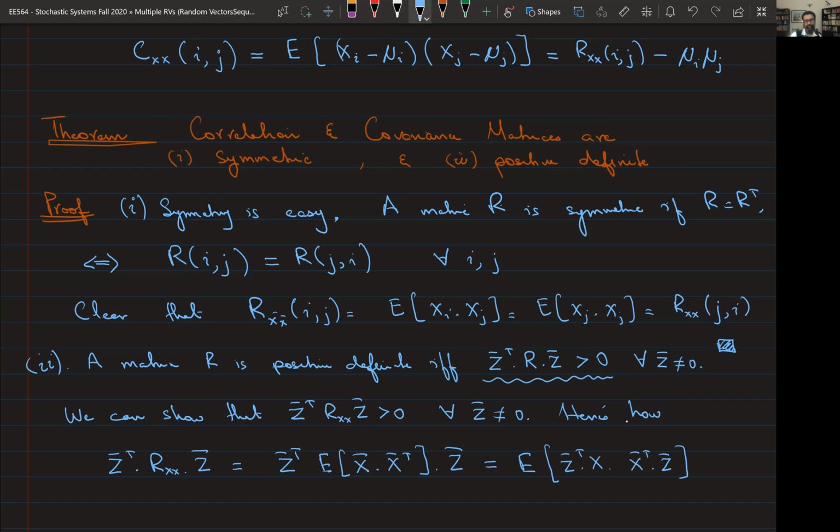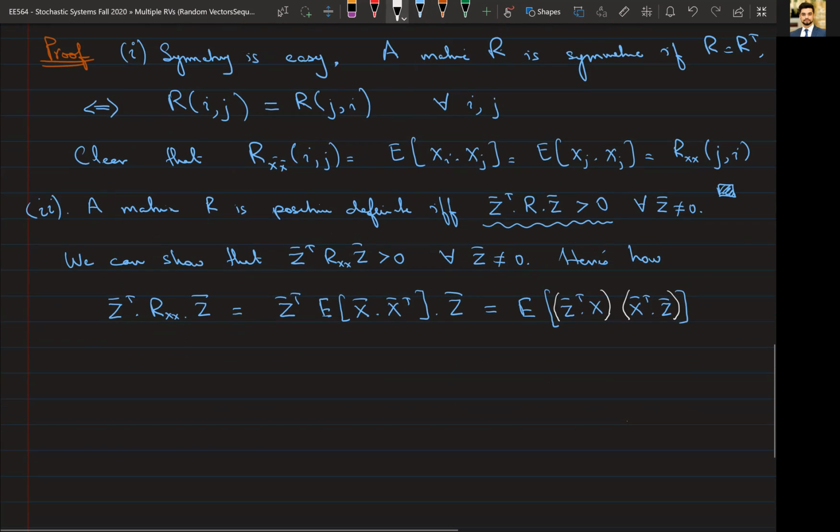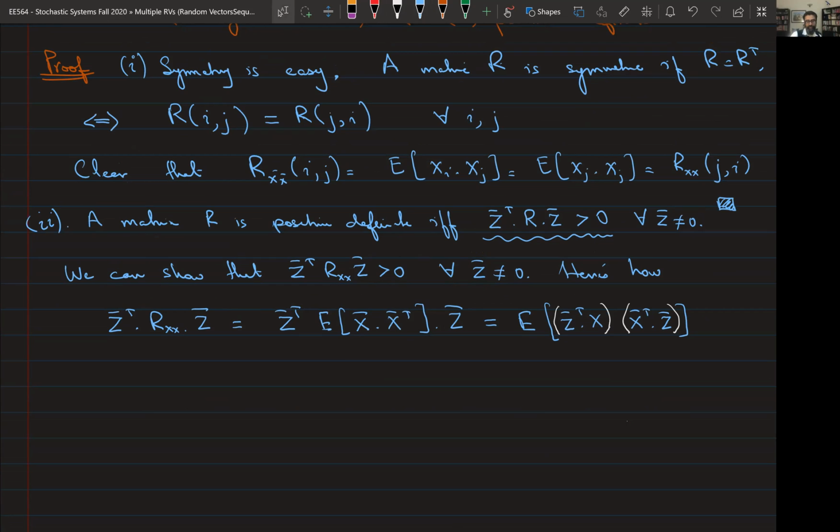Can I say something about what is inside this expectation now? Or can I say something about this? And can I say something about this separately? Yes, Mohsen? Sir, one is the transposition of the other term. Right? One is the transposition of the other, but there is actually something else that I can say.